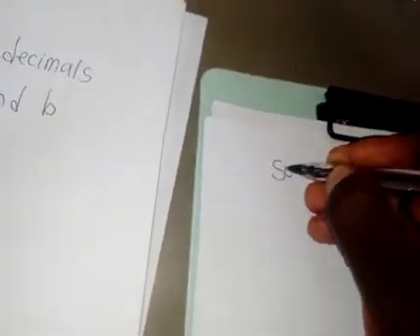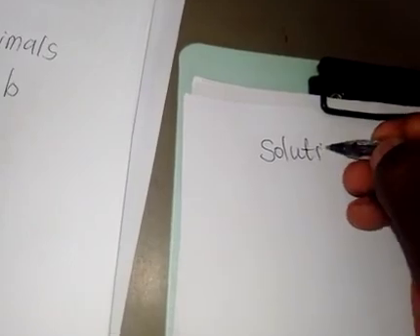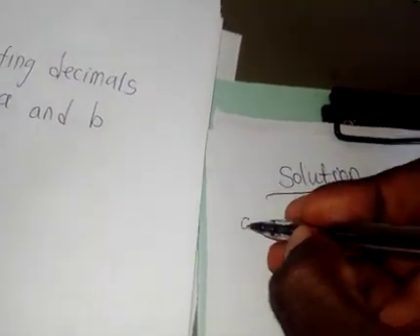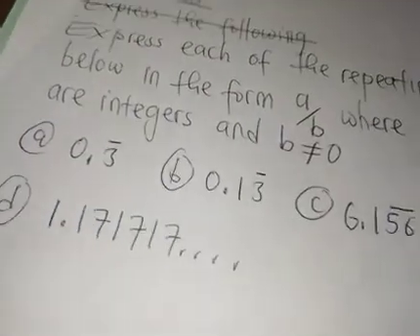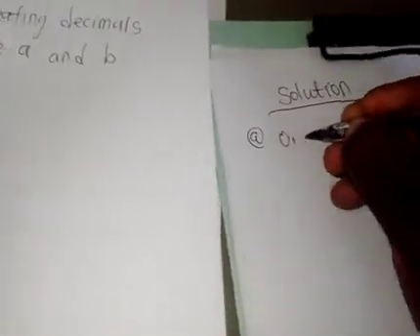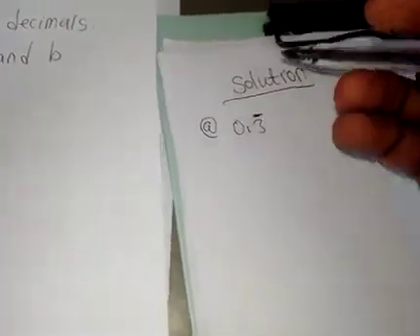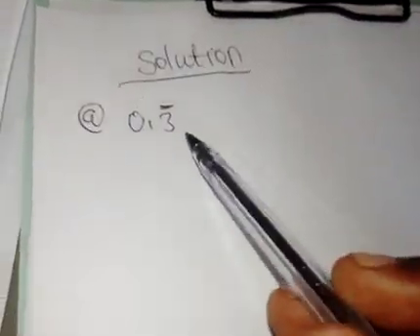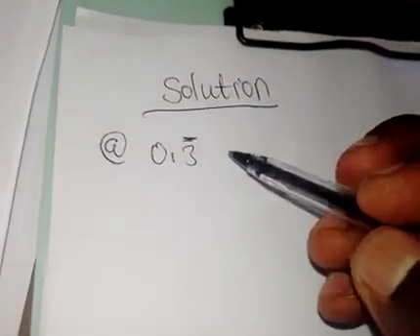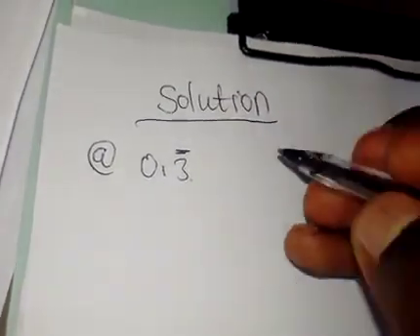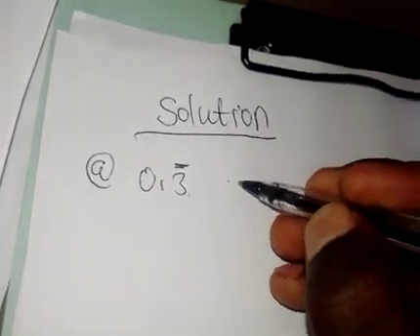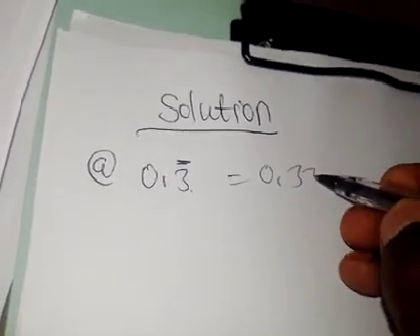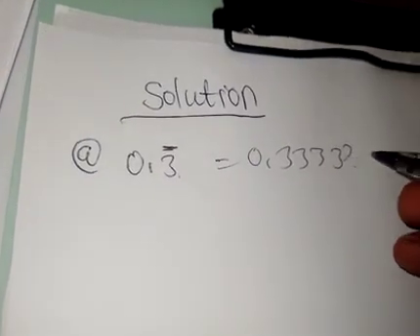Okay, so this side I'll write the solution. The first one, A, we have been given 0.3 with a bar on top. If you have 0.3 with a bar on top there, what does it mean? It simply means that 3 is being repeated several times. So we just have 0.33333 and so on.